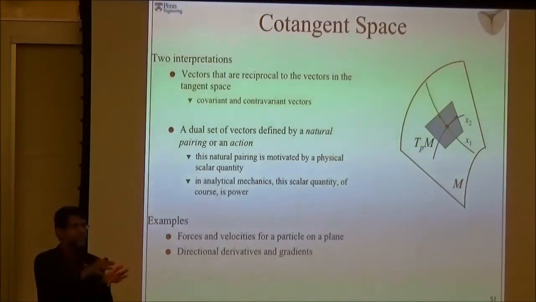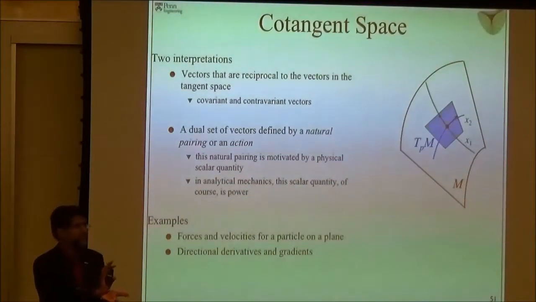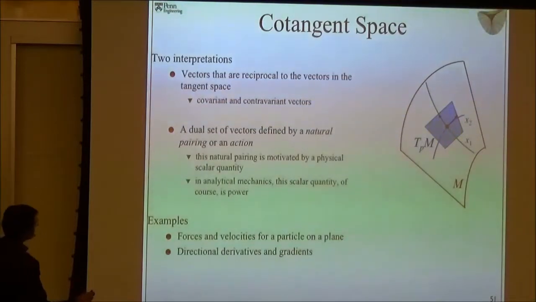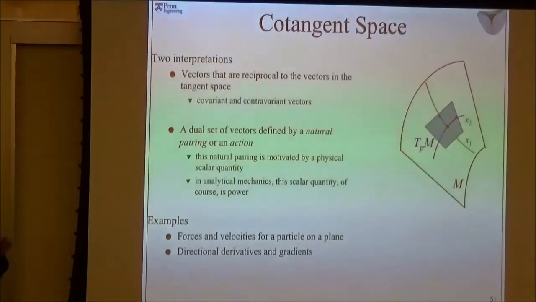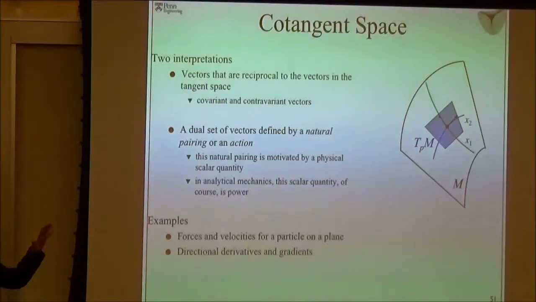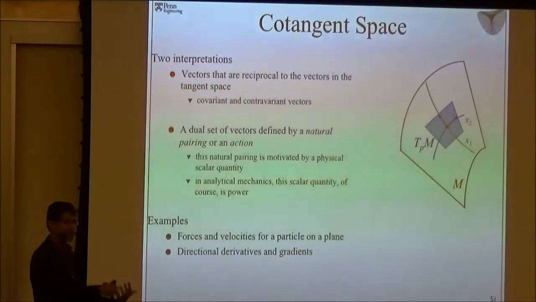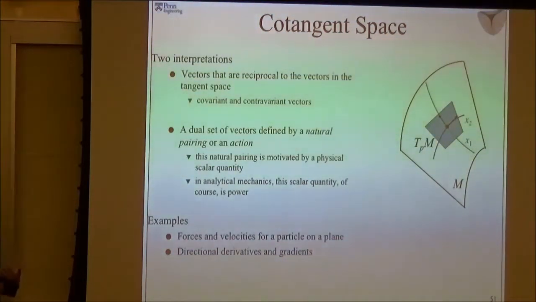And it's dangerous to mix them because they live in different spaces. So the short summary of this, since I really want to catch up and end on a reasonable note in terms of time, so I won't go through this, but the main point I wanted to make is just like we had the story between tangent vectors and twists, there's another story I can tell with cotangent vectors and wrenches.